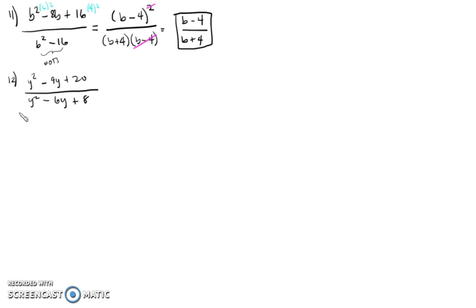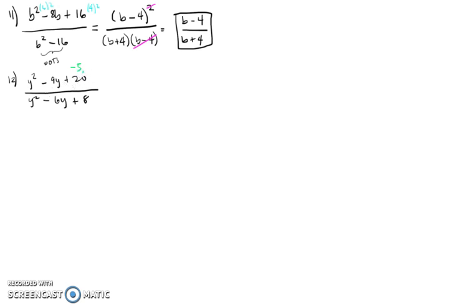So therefore, we need to factor this using the general way of factoring trinomials. So how we're going to do this? We'll look for a factor of 20 that would give us negative 9. That is negative 5.